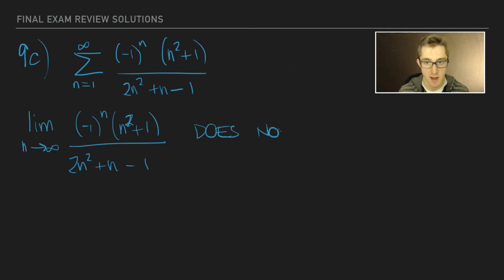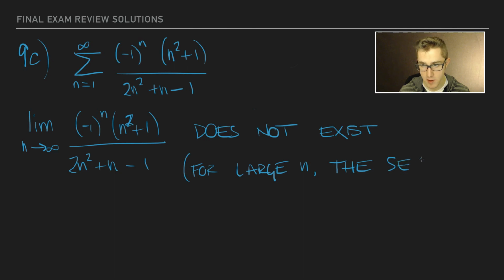That's not sound reasoning on its own, but you can say something like, for large n, the sequence oscillates between positive and negative.